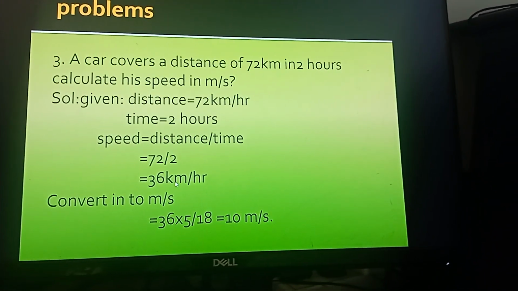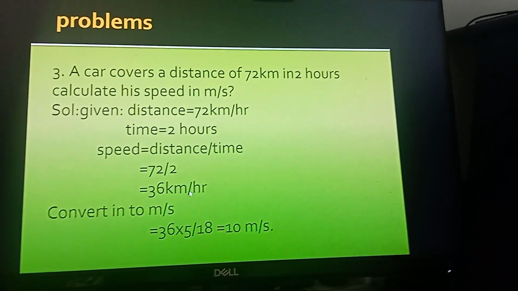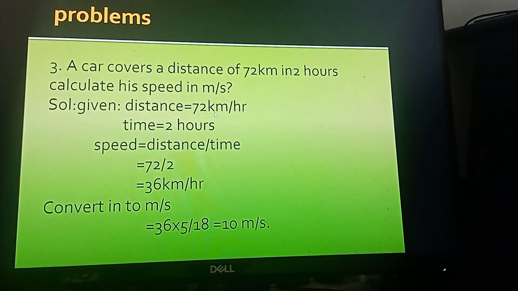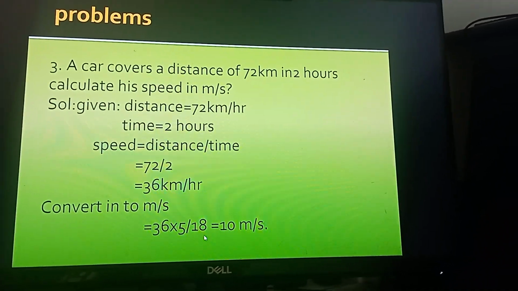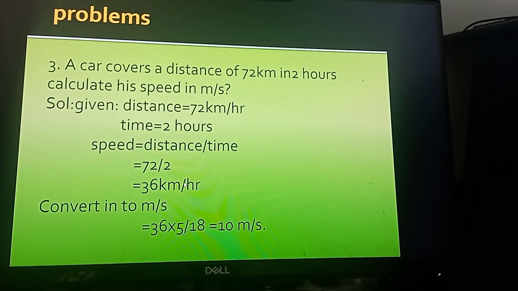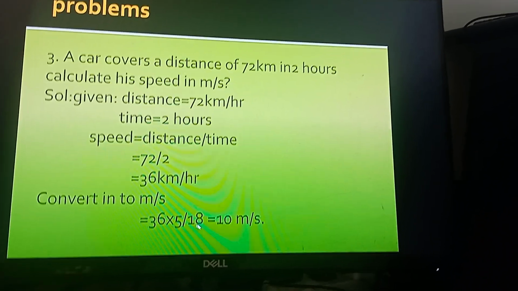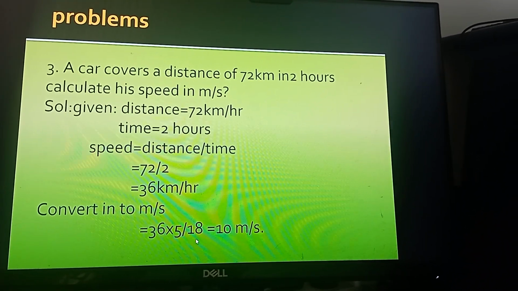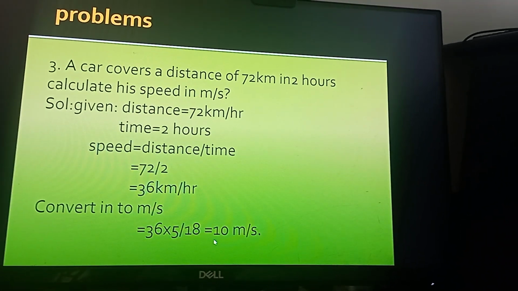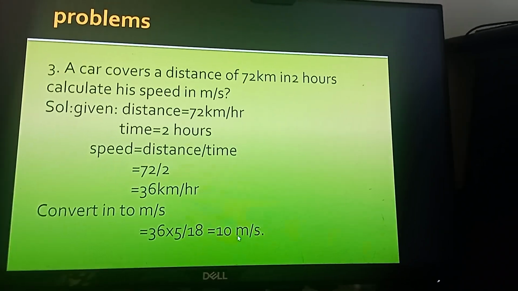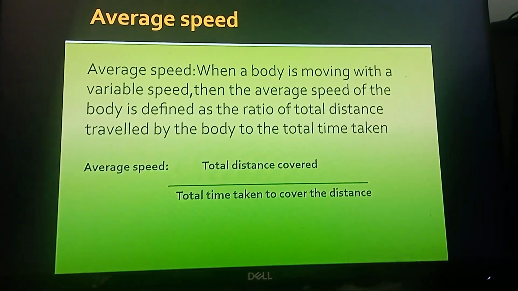How much will you get? 36 km per hour. You need to find it in meter per second. Just convert 36 into 5 by 18. 1 km per hour equals 5 by 18 meters per second, right? Therefore 36 into 5 by 18. You will get 10 meters per second.